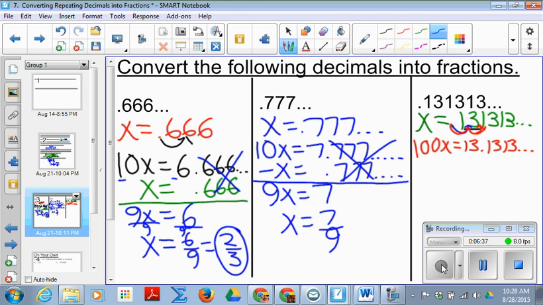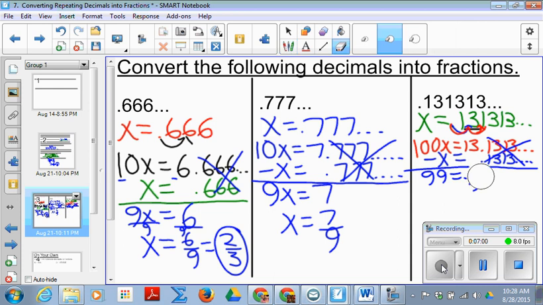So we set up and subtract our original from this. If you want, I'll show you in class why we don't do it just by tenths, if you can't figure it out, which is okay. I just don't want to take too much time on the video and overload you.